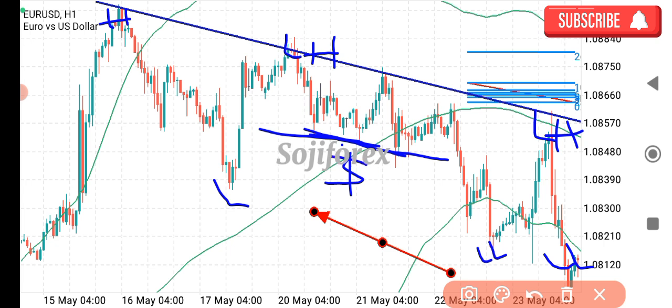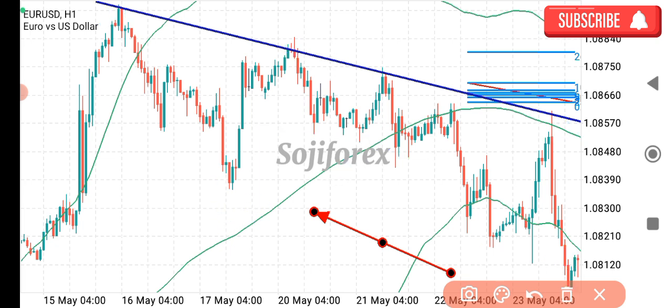You can refer to the video on liquidity and you will understand what I am saying. So this is our structural point, and this has been identified.